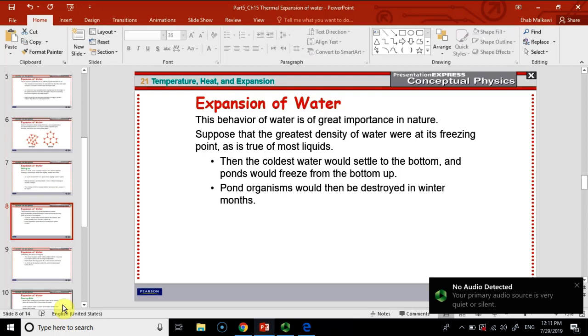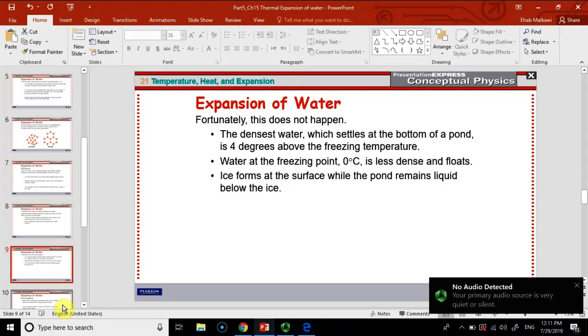Because the density is high, ice in that case will settle down to the bottom of lakes and ponds, which means the bottom part will freeze. And this means all living creatures in the pond will be destroyed and killed. However, this is not true, and ice has a smaller density, and so it will float to the surface.